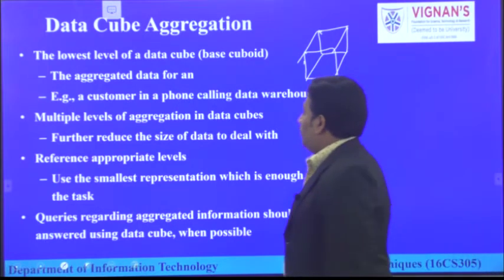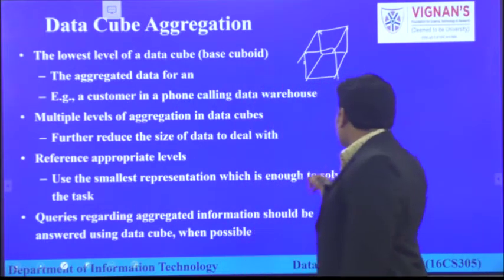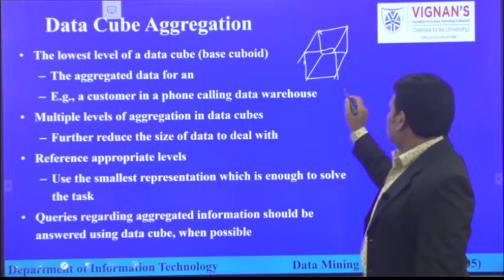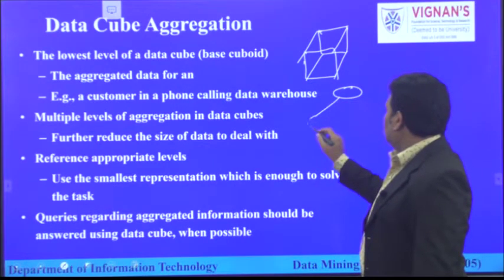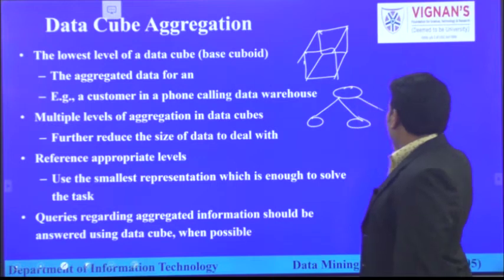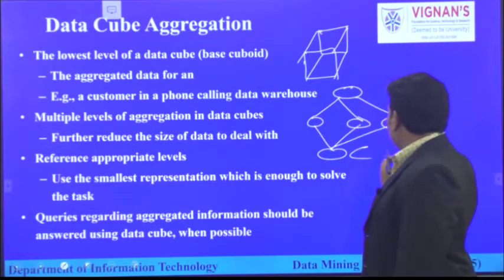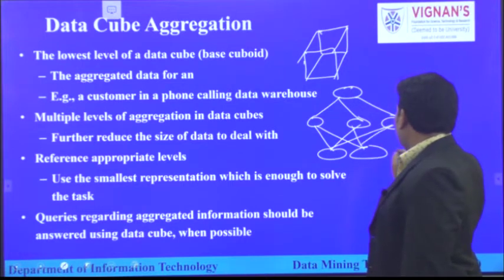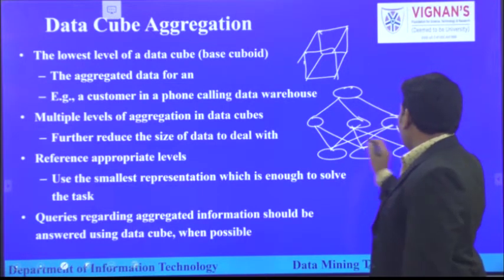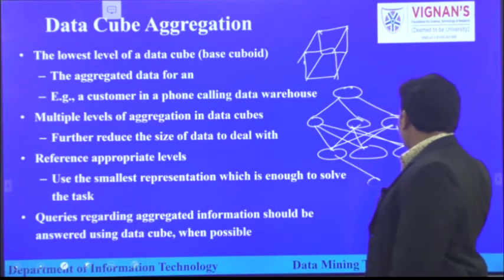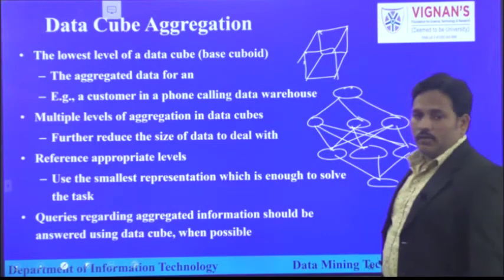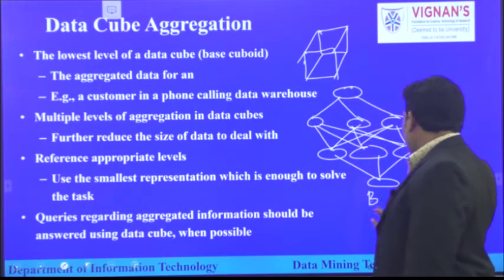The lowest level of the data cube is the base cube. Here we are deriving a lattice structure for all possible values. So this is called a base cuboid.